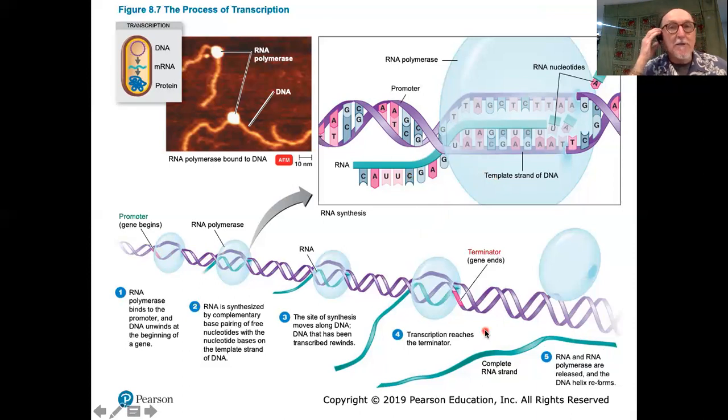And we can actually see these. We can, using electron microscopy, things like that. And when we visualize them, this is the sort of thing that we see. We just see the RNA polymerase. This RNA polymerase is running down in this direction there.